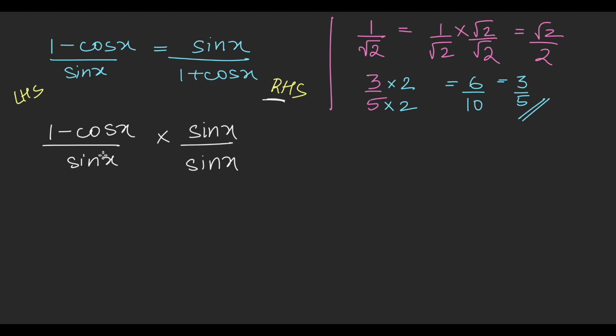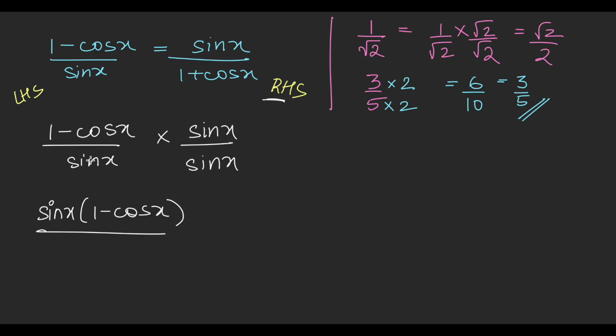This thing needs to get cancelled out with the denominator. I cannot have a cos x in my numerator, correct? So I will not multiply this with individual element. That is, I will not do sin x minus sin x cos x. I will keep sin x common outside. I will not multiply it with the bracket. Because what's my aim? I want sin x to be there in the numerator. So I want 1 minus cos x to get automatically cancelled out by the denominator.